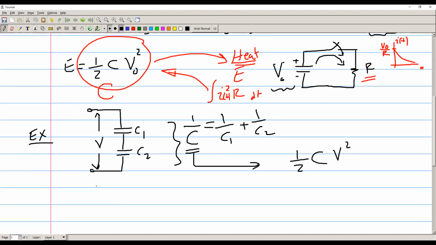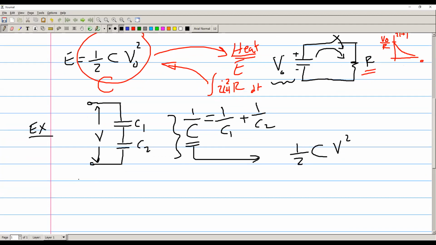If I ask you, for this particular example, about the energy stored in C1, energy 1 stored in C1 and energy 2 stored in C2, how can we compute that? Now I know the total, this is the total for both of them.